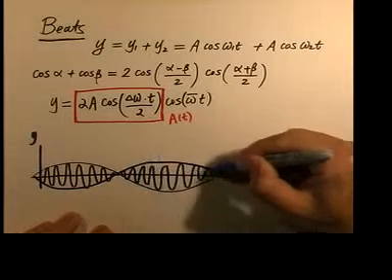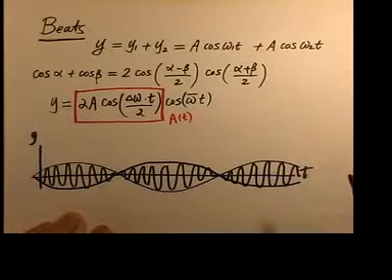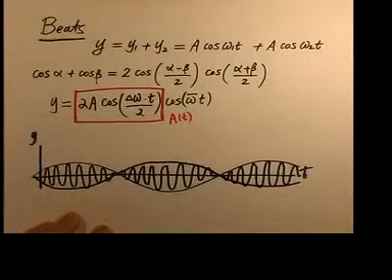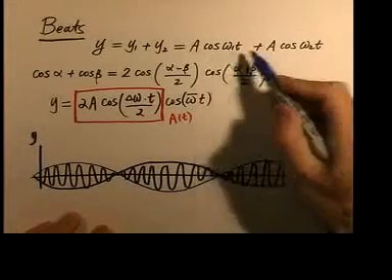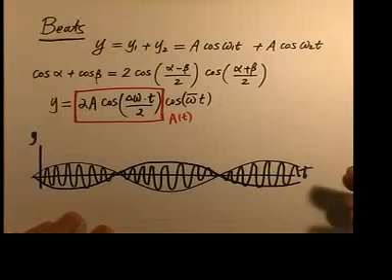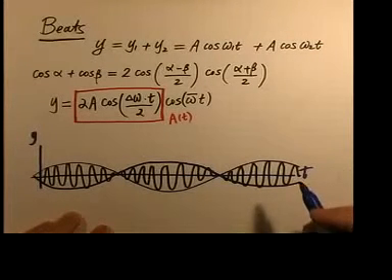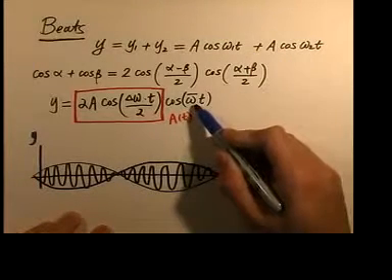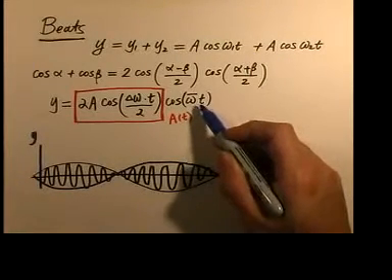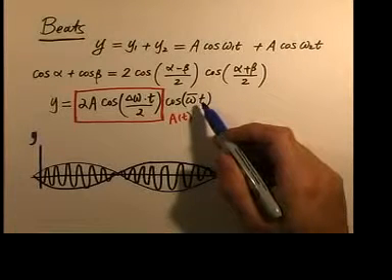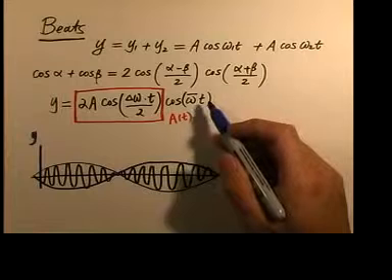Now we can look at a wave pattern like this. Remember, this is the t-axis, not the x-axis. So when you listen to these two sources playing at the same time, you find two things. First of all, you are going to hear pretty much the frequency of either one of them, because here is an average frequency. Remember, these two frequencies are very close to each other, so they only differ by about 1 or 2 hertz. So essentially, you are listening to something like 440 hertz.